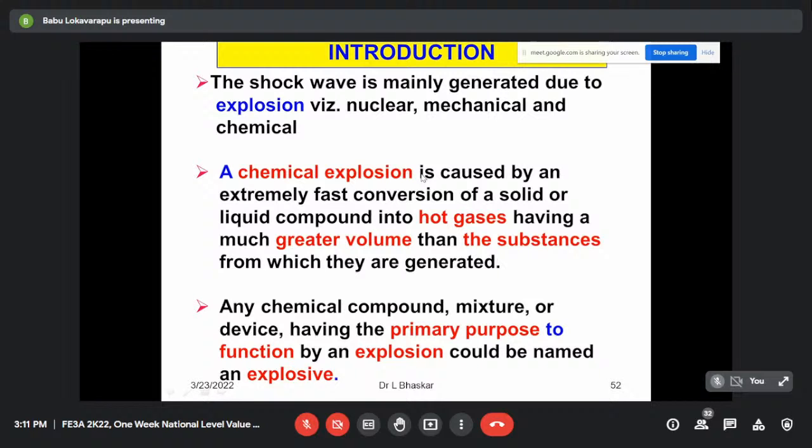A chemical explosion is caused by an extremely fast conversion of a solid or liquid compound into hot gases, having a much greater volume than the substances from which they are generated. Any chemical compound, mixture or device having a primary purpose to function by explosion could be named an explosive.